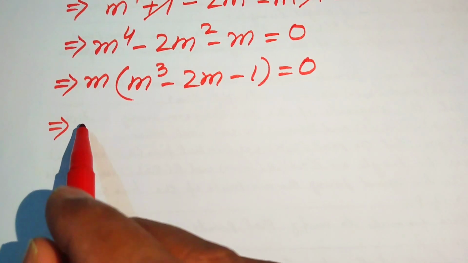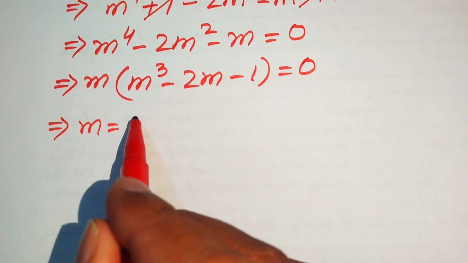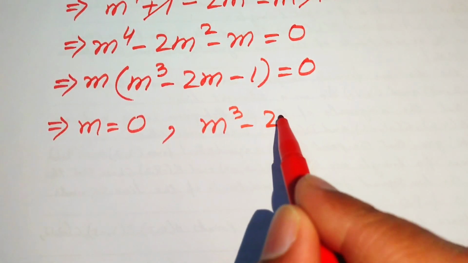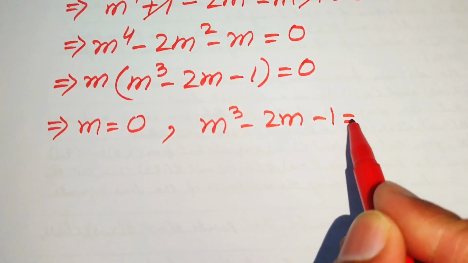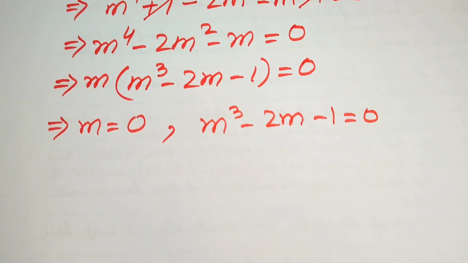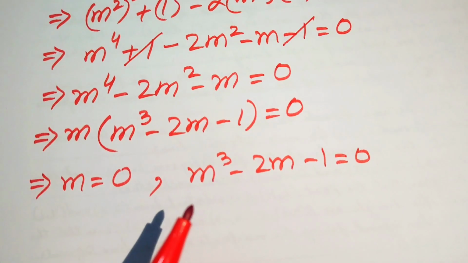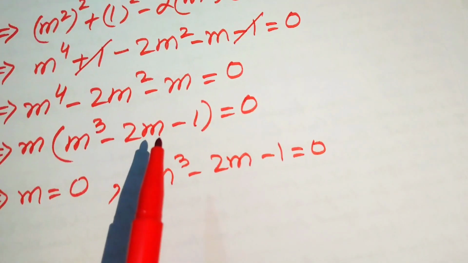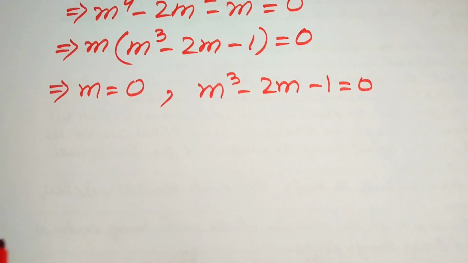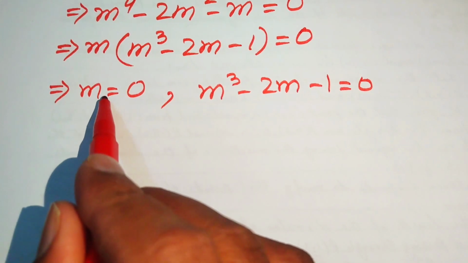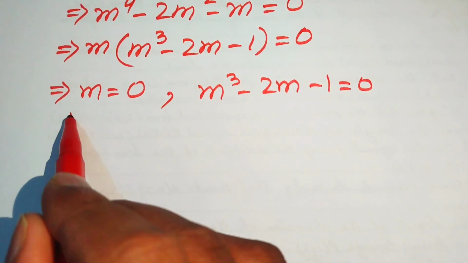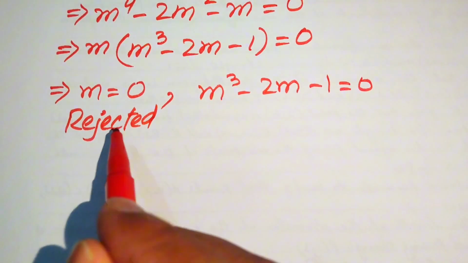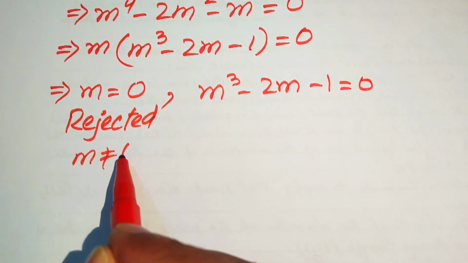The first case is m equals 0, and the second case is m cubed minus 2m minus 1 equals 0. Our question statement has a restriction that m is non-zero, so m equals 0 is not possible, and we reject this case.